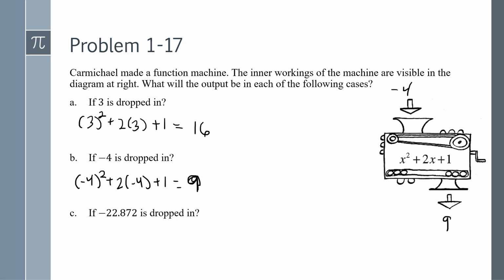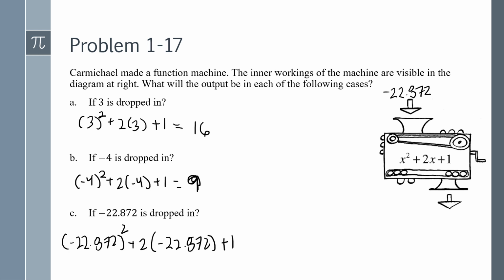Okay, and so the last one is negative 22.872. That's my input, so I'm going to do that. Negative 22.872, squared, plus 2 times negative 22.872, plus 1.